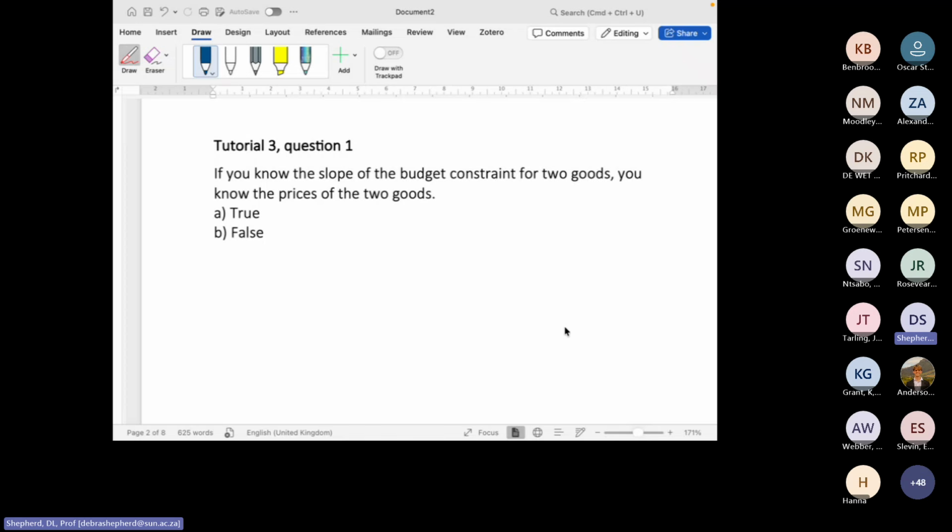The question says, if you know the slope of the budget constraint for two goods, you know the prices of the two goods. For example, let's say a budget constraint has the slope -0.5. We know that the slope of the budget constraint comes from the relative price of the product plotted on the x-axis.